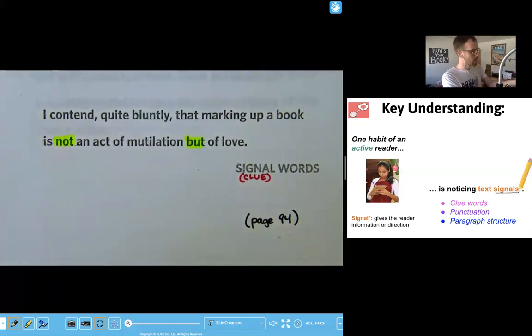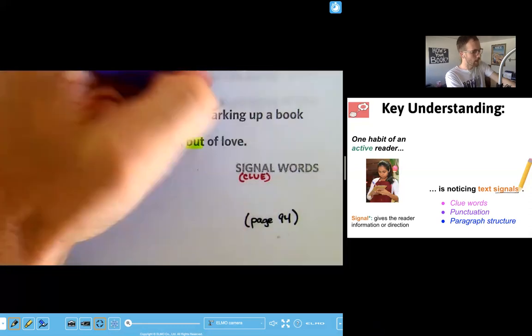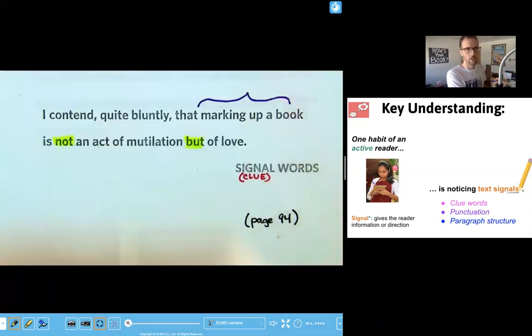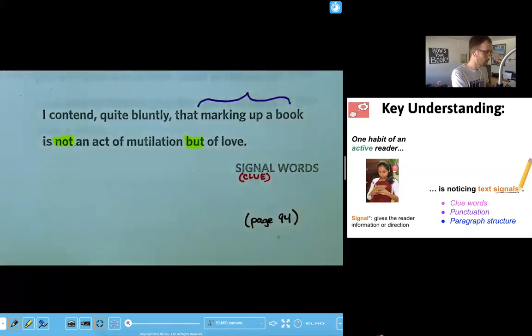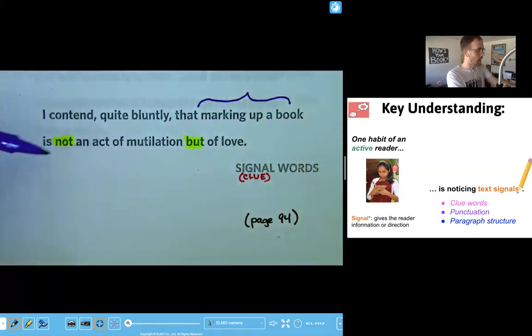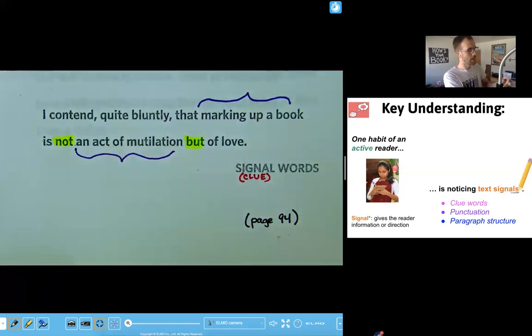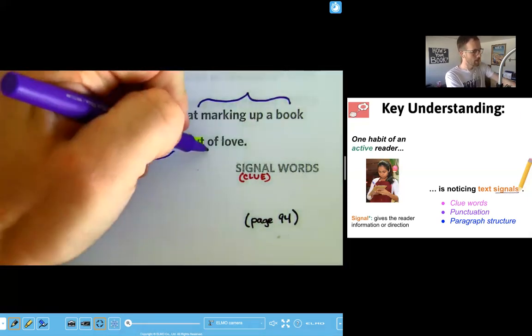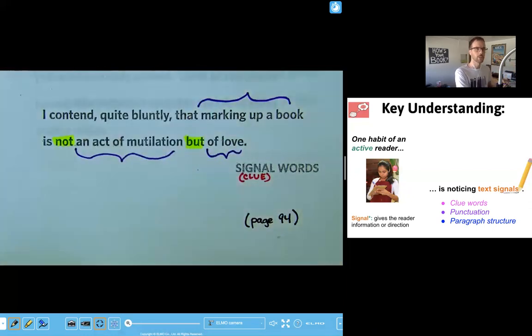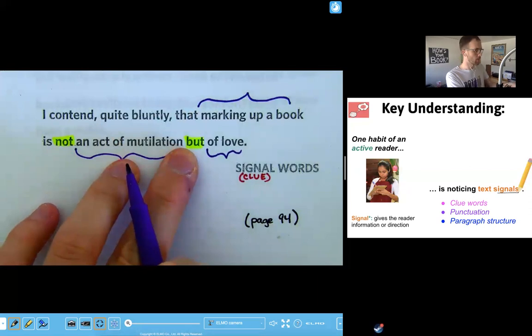In this case, the author is saying, I contend, quite bluntly, that marking up a book, so he's talking about annotating, which we've determined is the focus of this reading. He says that marking up a book is not this, but this. And so the words not and but are working together in a particular way.